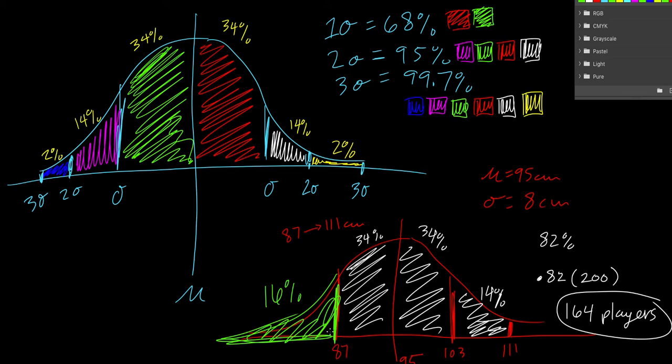And we can see on this diagram that corresponds to 87. So once again, I just took these. 14 plus 2 is 16, and that's essentially everything because this percentage right here is so small. And so approximately 87 centimeter chest measurement is what 16% is going to line up with.